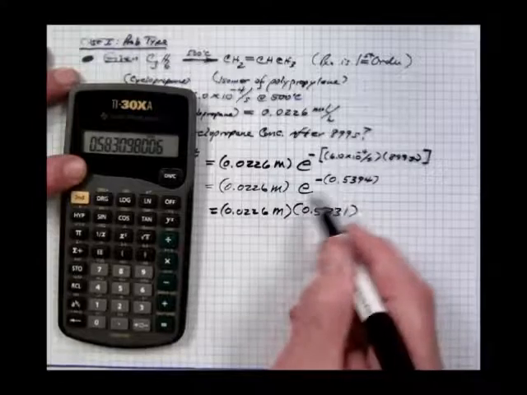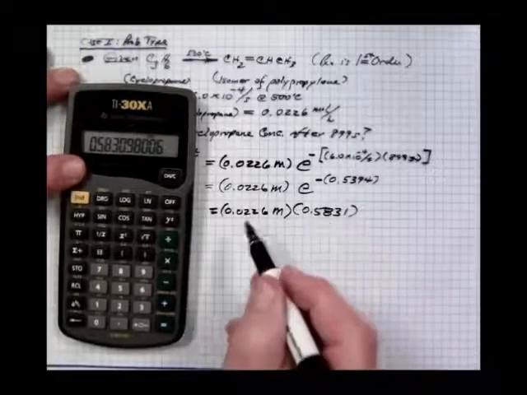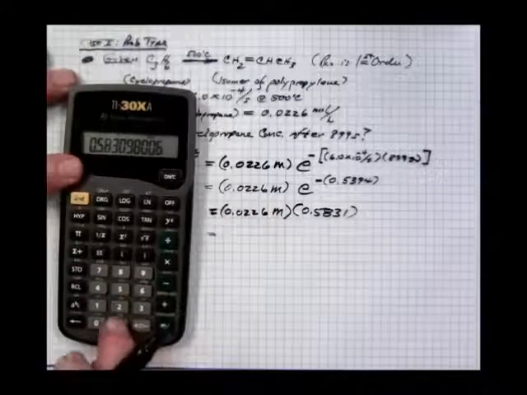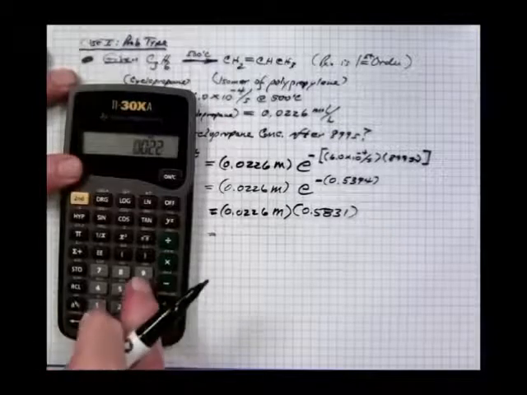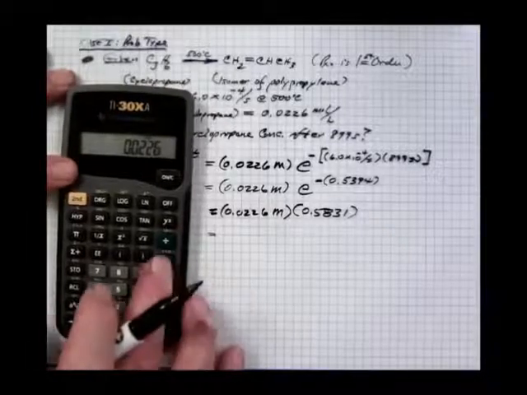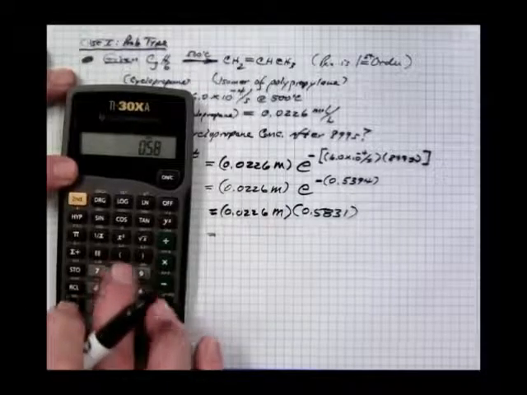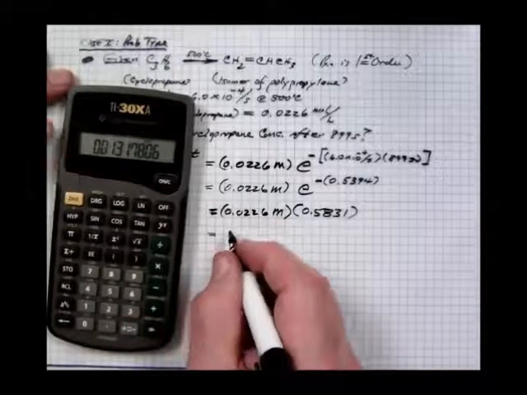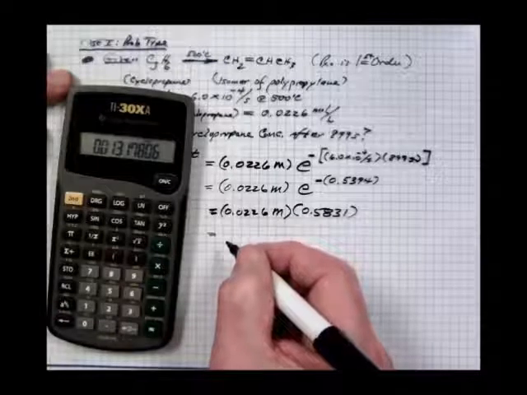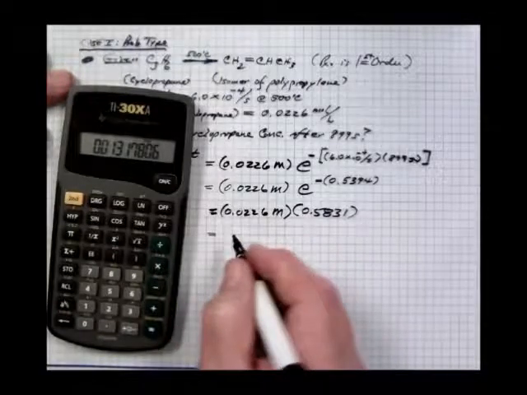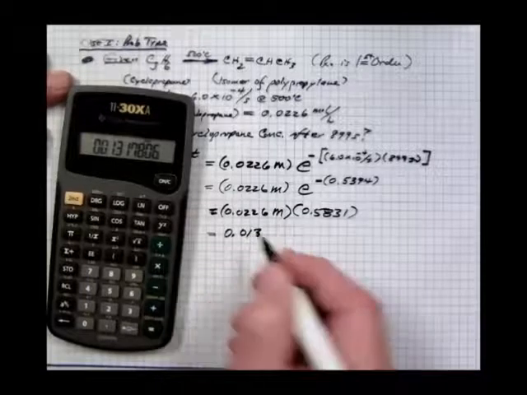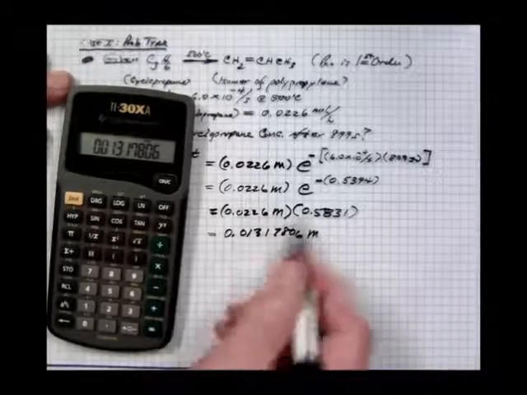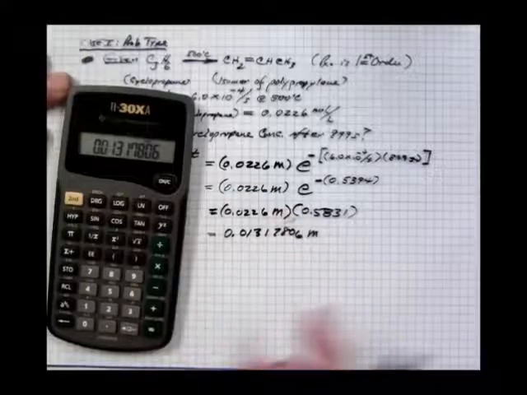The exponential form right here gives you a fraction of the original concentration, and so this number times 0.0226 equals, okay, so we are at 0.0131786 molar. In other words, cut to about half the original concentration.